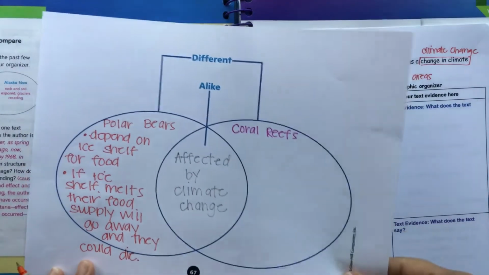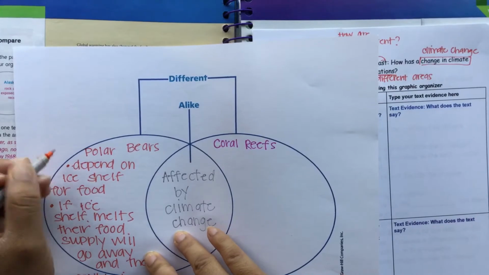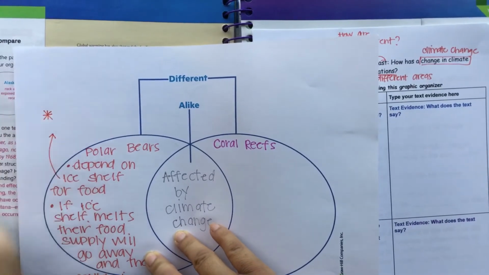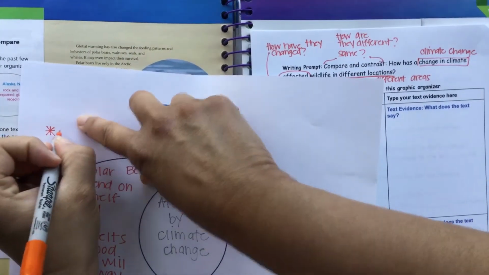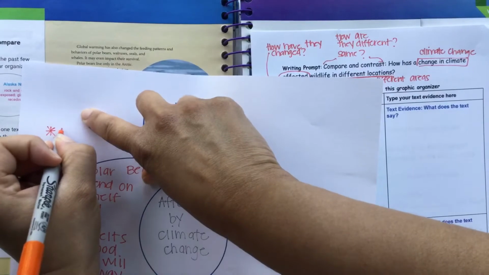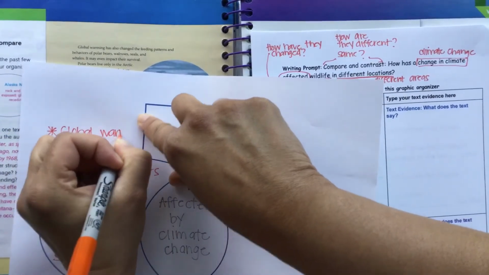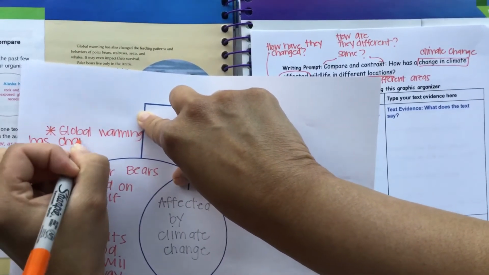Okay, so if you're, sorry guys, Ronan's up, and we also learned, I'm going to come up here. This is kind of like a key sentence if you're thinking about here, global warming has changed feeding patterns.